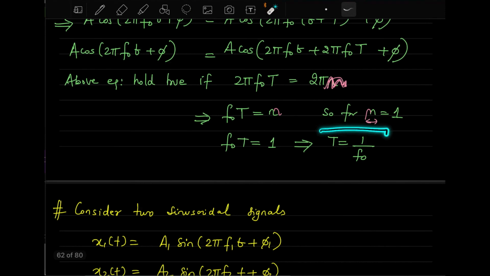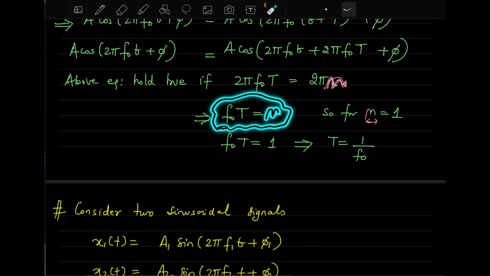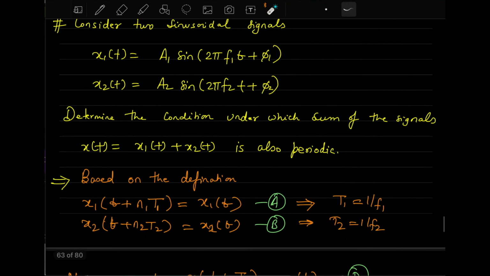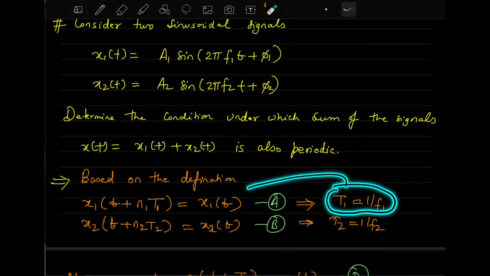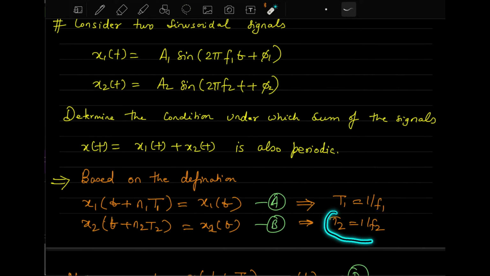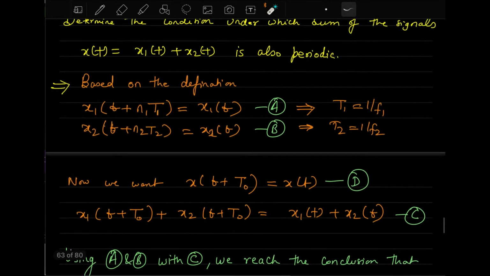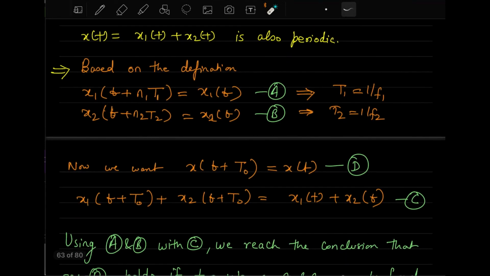At the end what we got was this expression here, where we are taking it as m, but here I am going by the n convention. Right now we are taking m as 1. So this is what you will get from the first, and this one is what you will get from the second. Now we want to check the periodicity of x(t), which is the summation of the two.